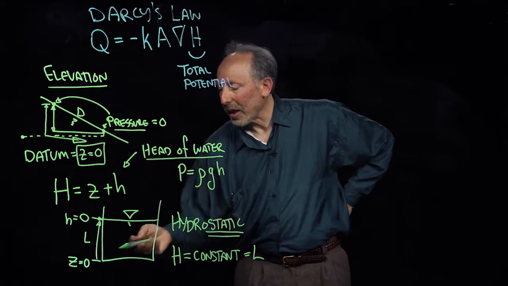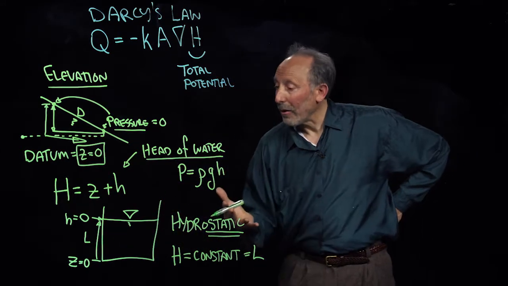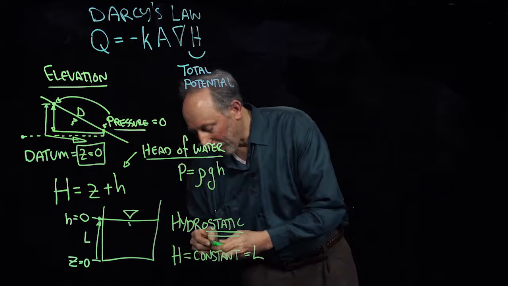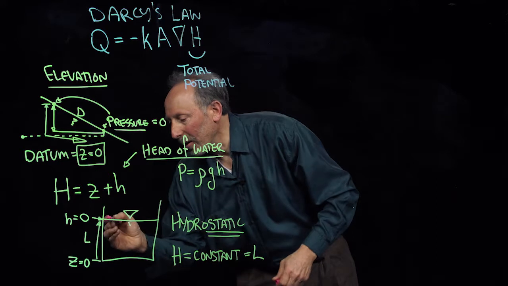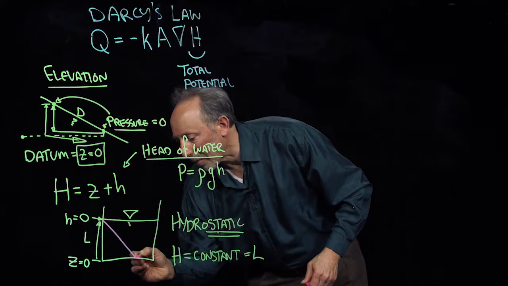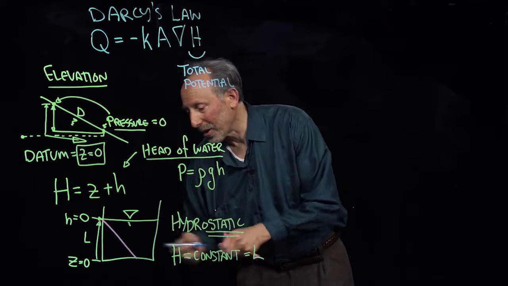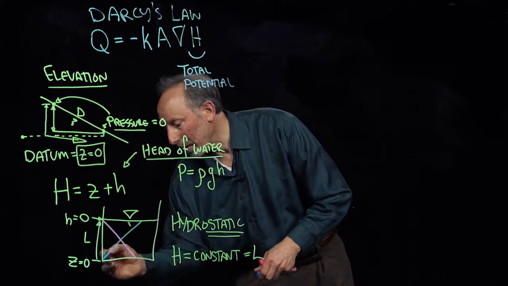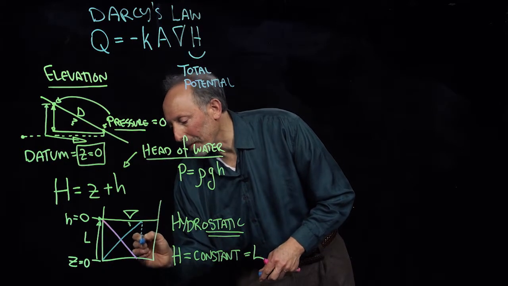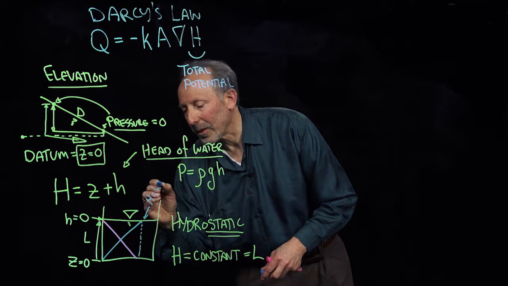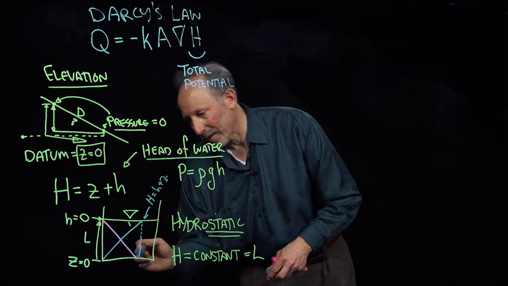And now, as it turns out, that total potential is known throughout this problem. What's going on is that the pressure in our vessel increases with depth, whereas the elevation itself, Z of course, is decreasing. But the sum of the two, H equals little h plus Z, is a constant.